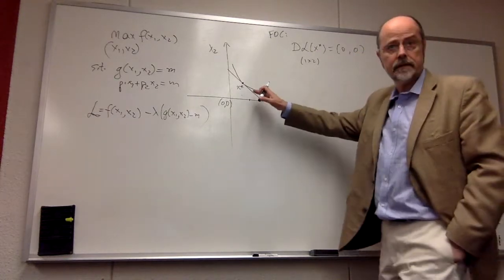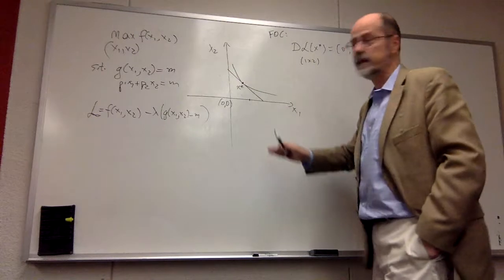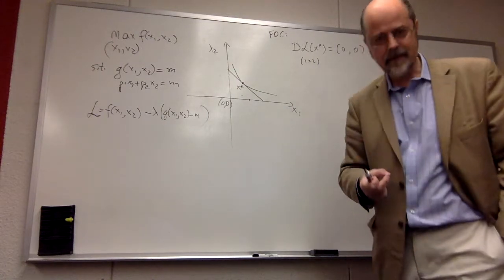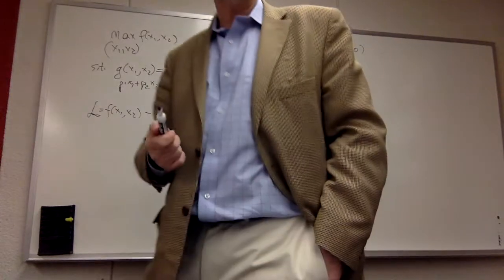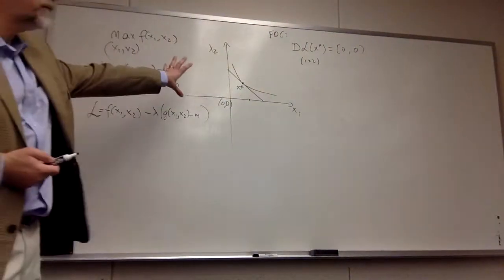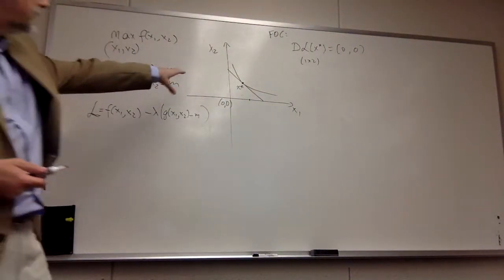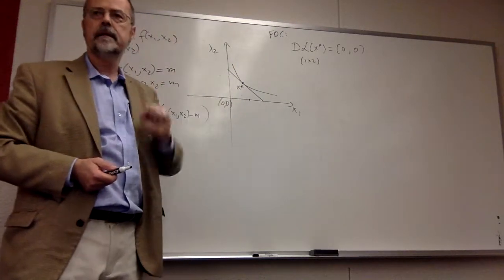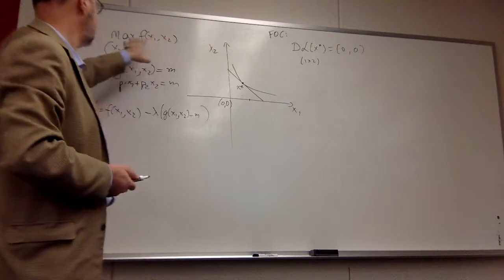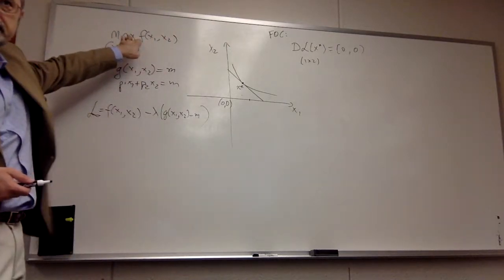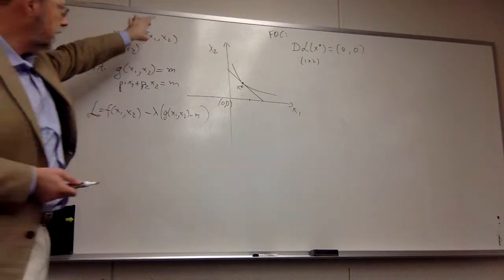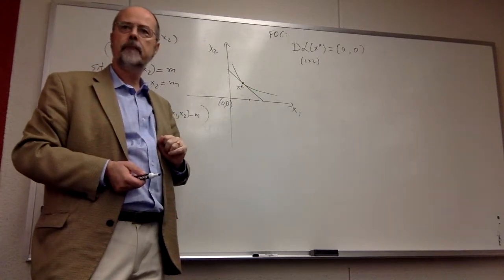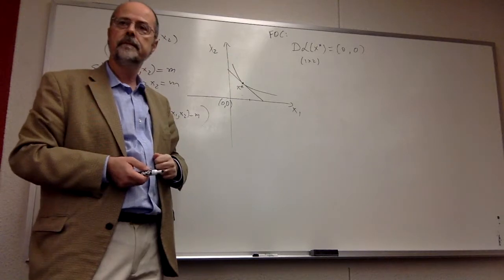That means actually the tangency that you see here. So the geometric manifestation of the first order condition in a problem like that is the tangency between the highest level set of your objective function, whatever you're maximizing, and the budget, the constraint, whatever it is.